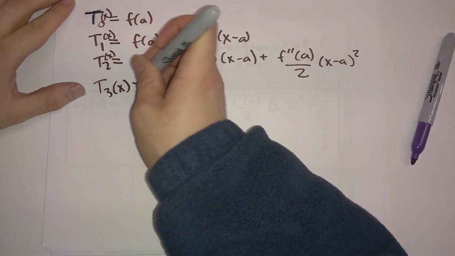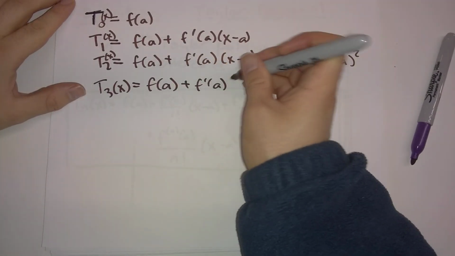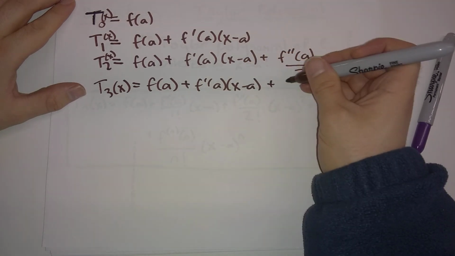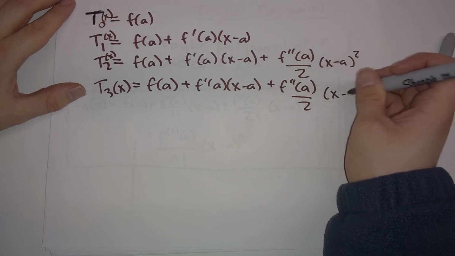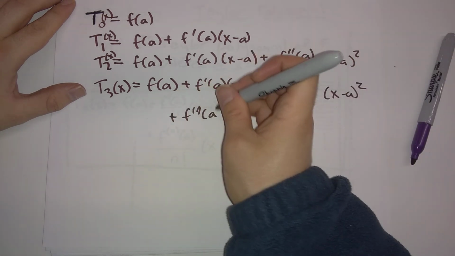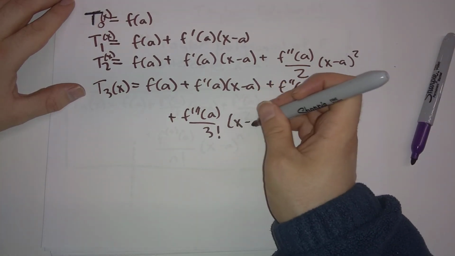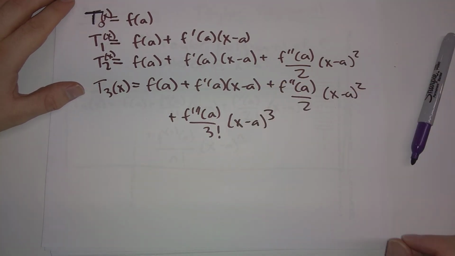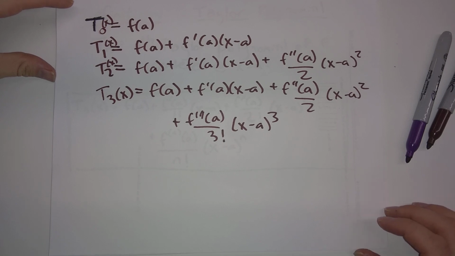And T3 of x is f of a plus f prime of a times x minus a plus f double prime of a divided by 2 times x minus a squared plus f triple prime of a divided by 3 factorial, that's 6, times x minus a cubed. These are the first several Taylor polynomials.